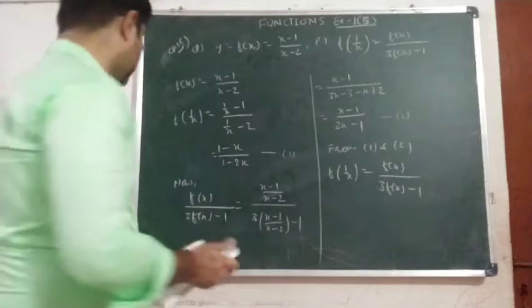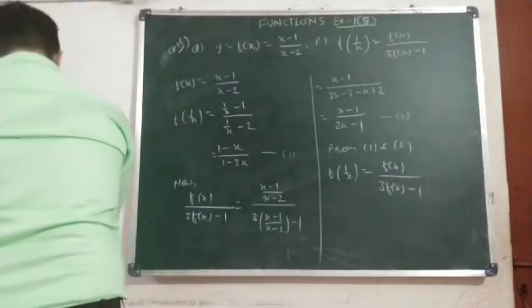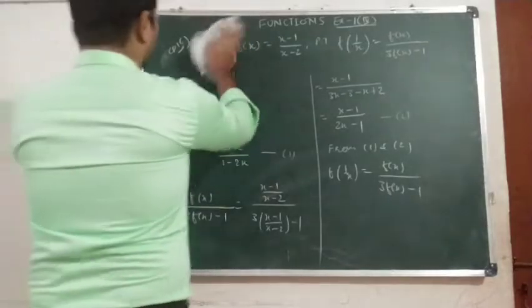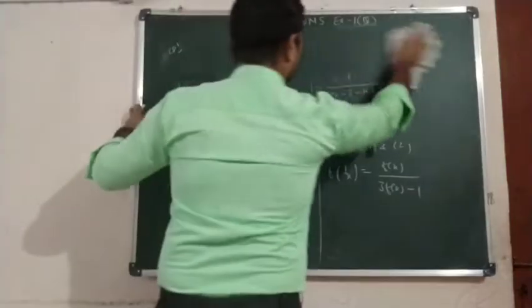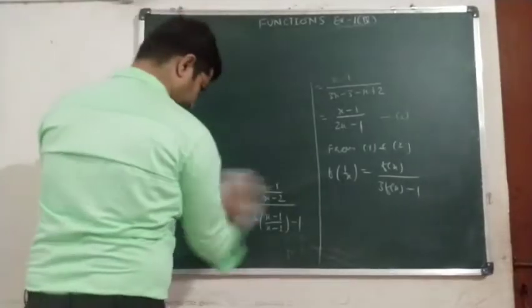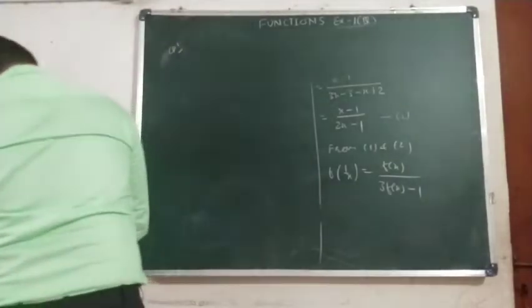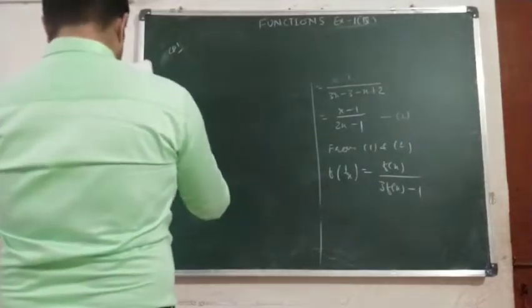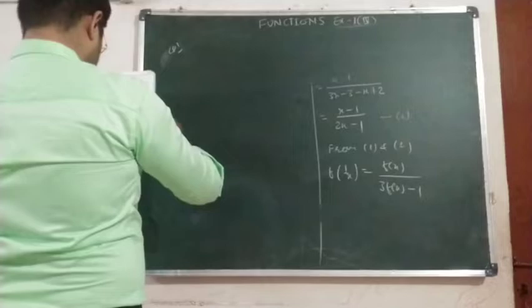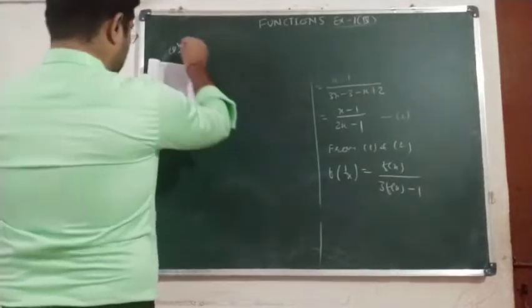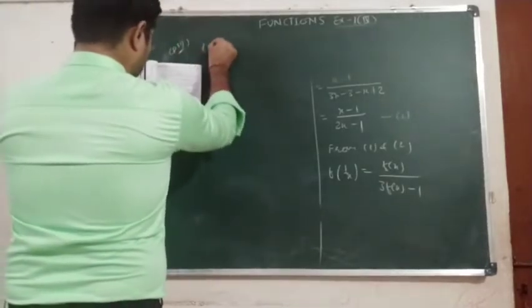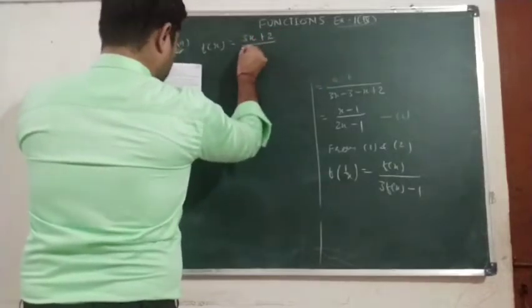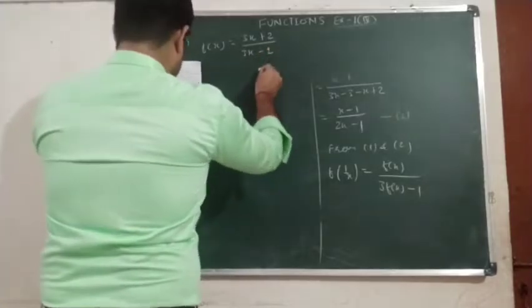Now question number 17. In question number 17, function f of x is given by the formula 3x plus 2 upon 3x minus 2.